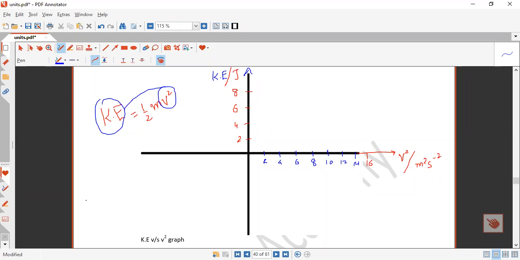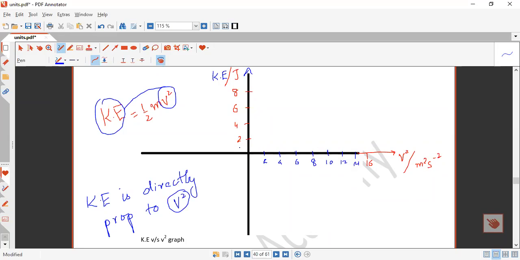Like we know that kinetic energy is directly proportional to v square. This is what we know from the formula. Remember, it is v square, right?